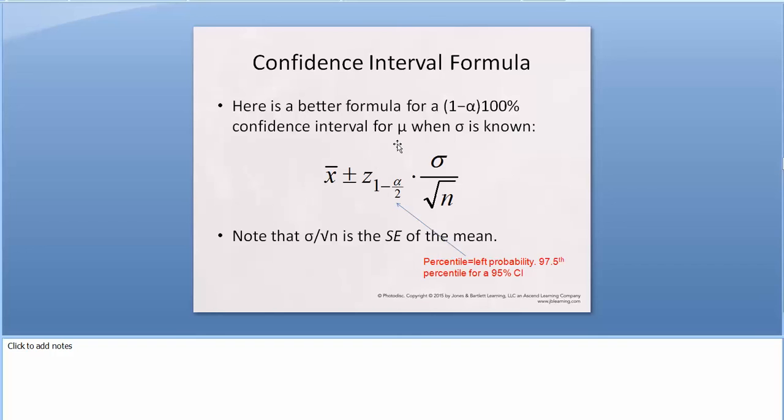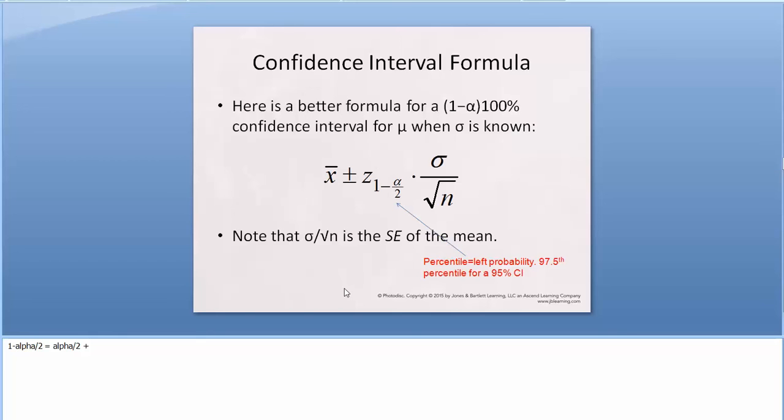I really wish I could do symbols here, I cannot, but I'm tempted to. Alpha by 2 plus 1 minus alpha, okay, so that is how you got it.